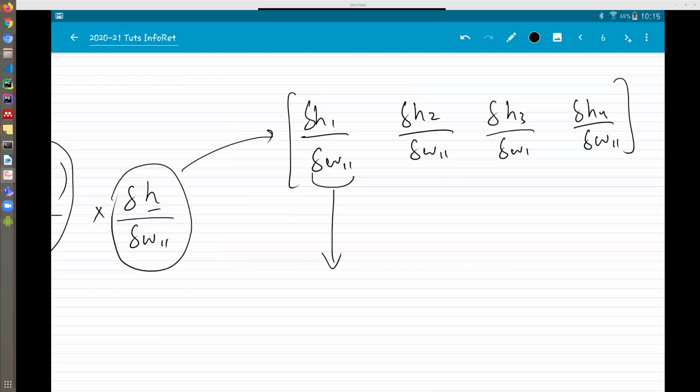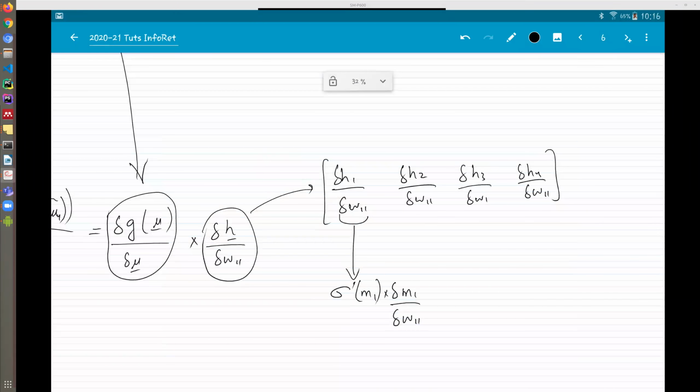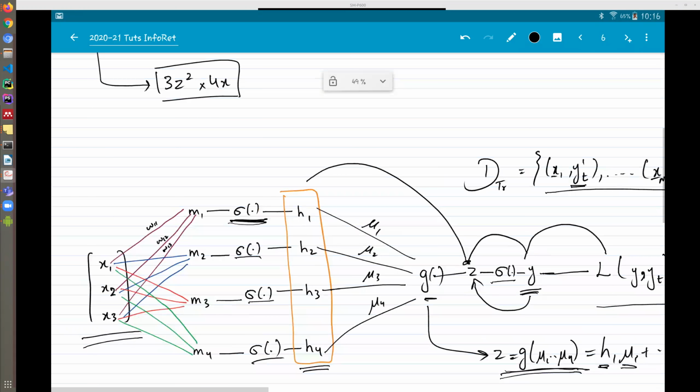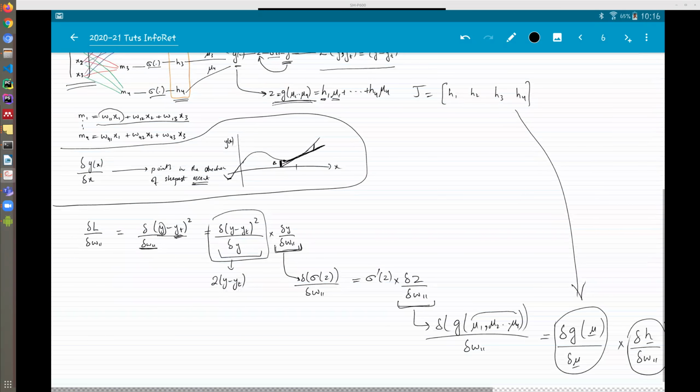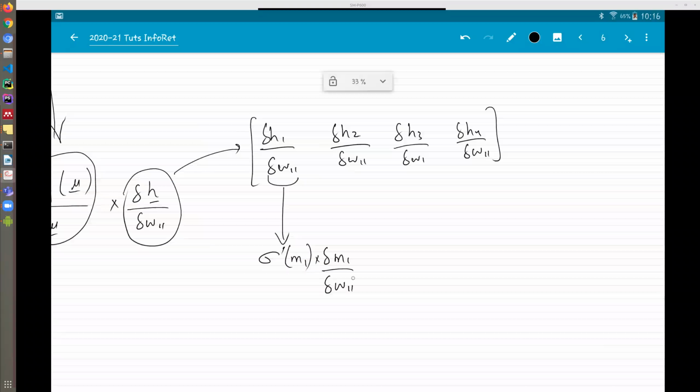We can simply use the chain rule again: the derivative of the activation function with respect to m1, multiplied by the partial of m1 with respect to w11. Here we can directly see that the partial of m1 with respect to w11 is only x1, because no other term depends upon w11. So this is equal to x1.